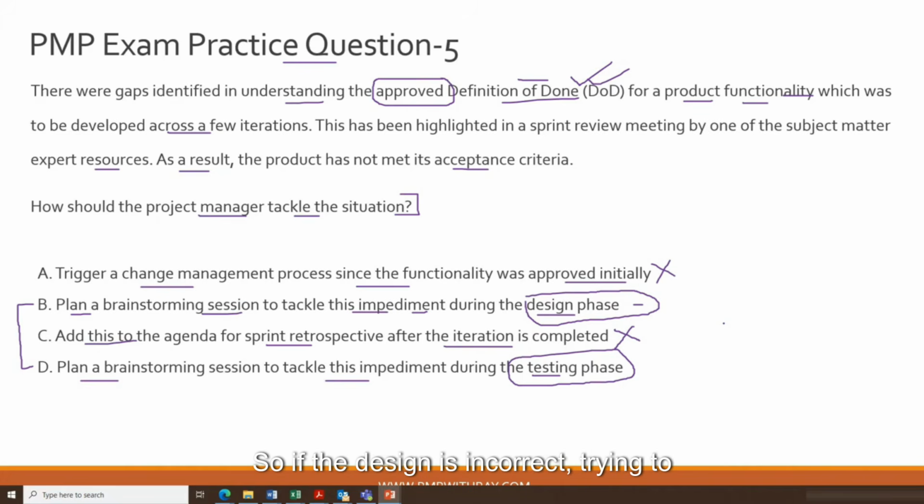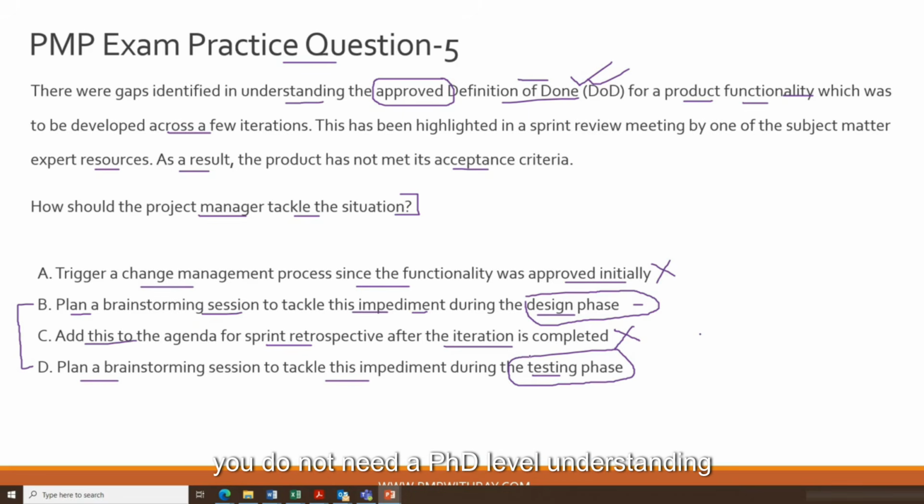Okay, so if the design is incorrect, trying to correct it in the testing phase might be a big challenge. So it is always a sensible approach to address such issues in the design phase of the project rather than having a reactive approach to tackle impediments in the testing phase of the project, which is fairly late in the project or in a sprint in an agile project, right?